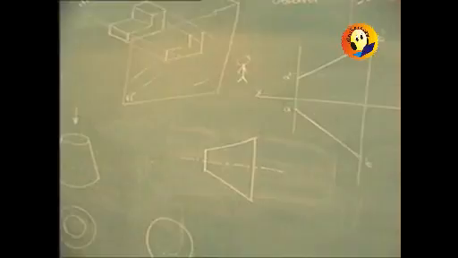Yes, I have elevation as well as plan both above XY line, and the same thing continues till I get a point whose plan is on XY line. So point is in VP and its elevation is above XY line, so we say in VP above HP.